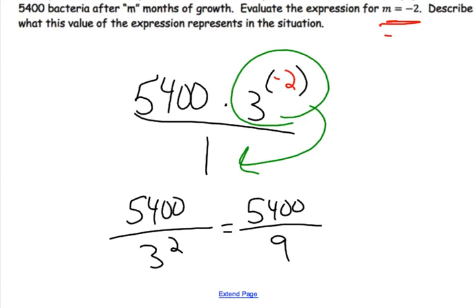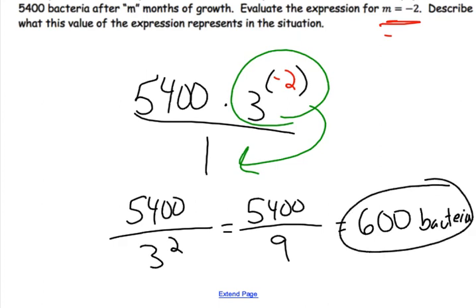You can break out your calculator for this one and just do 5,400 divided by 9. And when you do that, you find out that you get 600 bacteria. So 2 months ago there were 600 bacteria, now there are 5,400 bacteria.